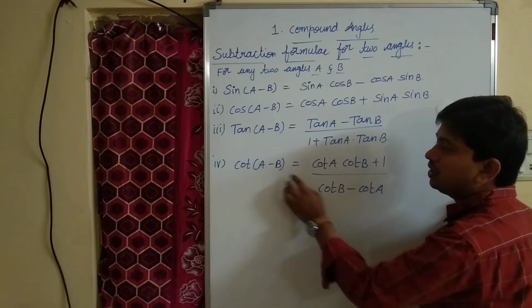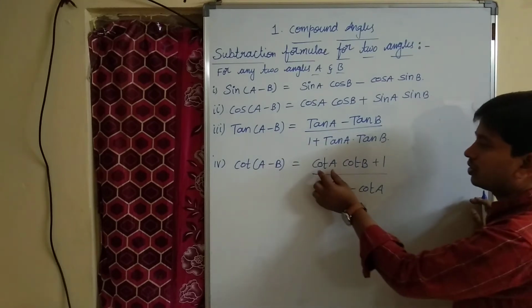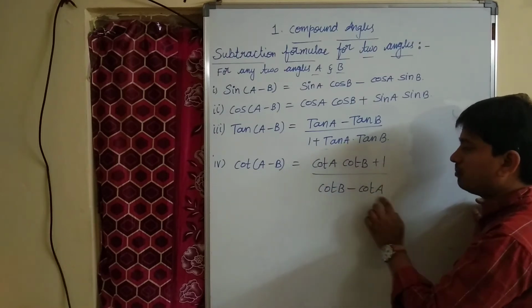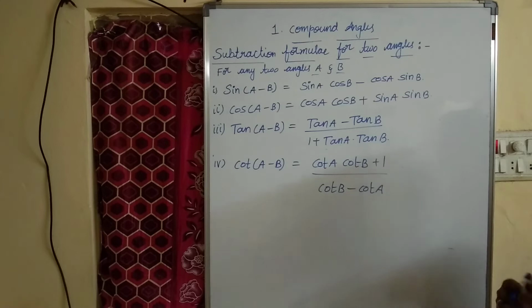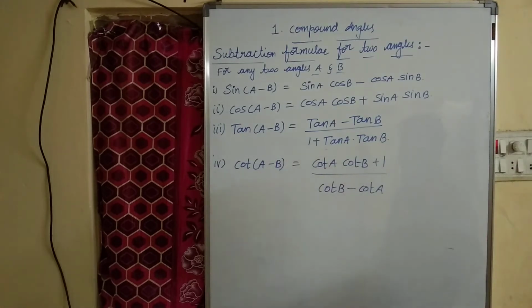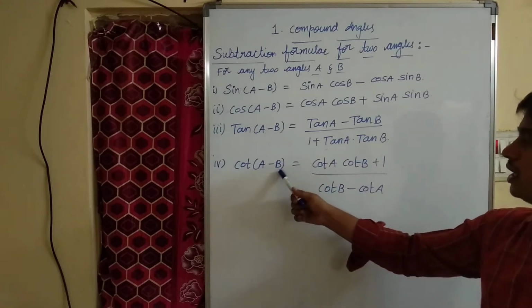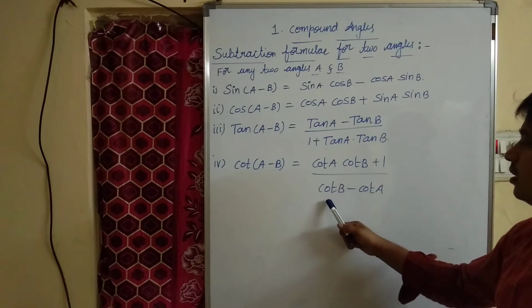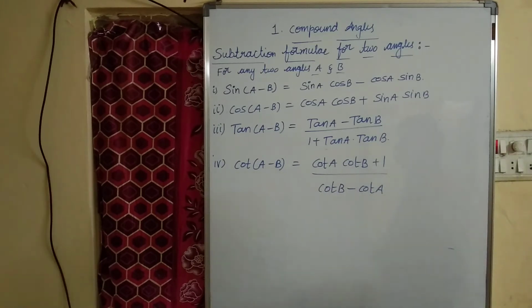Cot A minus B is equal to cot A cot B plus 1 divided by cot B minus cot A. We have to practice twice or thrice so that we can remember this formula. Cot A minus B is equal to cot A cot B plus 1 divided by cot B minus cot A.